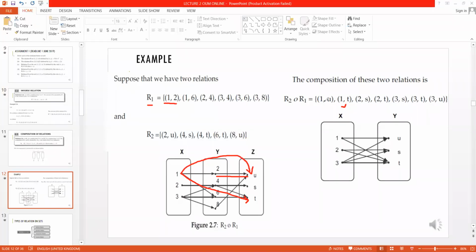Okay, so that gives us the set of the composition of the two relations R1 and R2.